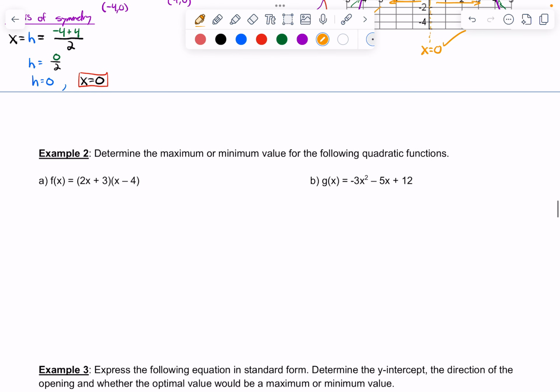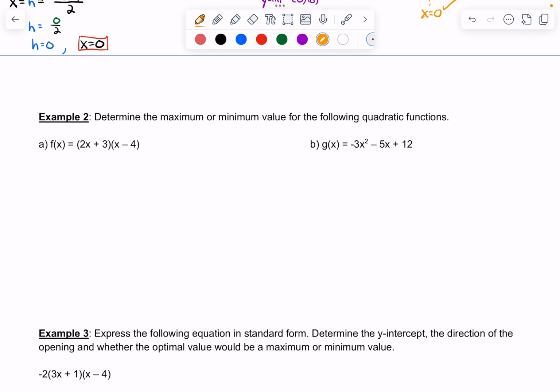All right, so we get more practice now. Determine the maximum or the minimum value for the following quadratic functions. So the maximum or the minimum value, here we're looking for the k value. The k value is either the max or the min.